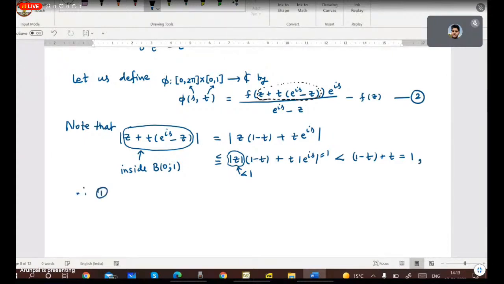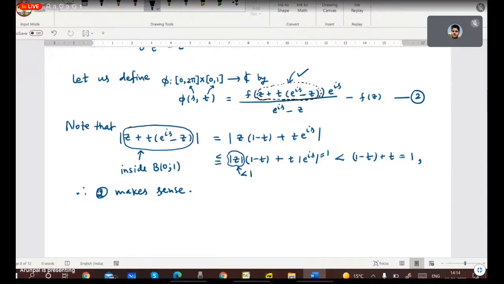So I can say why I have written this. Therefore, 1 makes sense. Sorry, 2 makes sense. Because class, we should always be sure about the well-definedness of any expression. So here, this could be the only issue, whether this combination is giving us an element inside B(0,1) or not. But we are observing that yes, we are still inside B(0,1), so we are safe. So we can use this kind of combination.